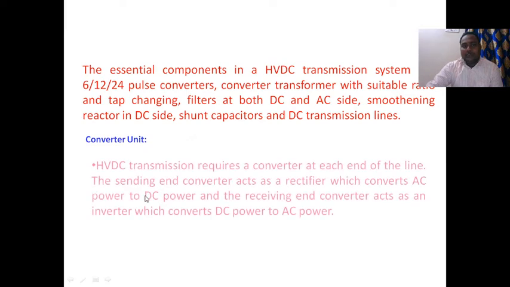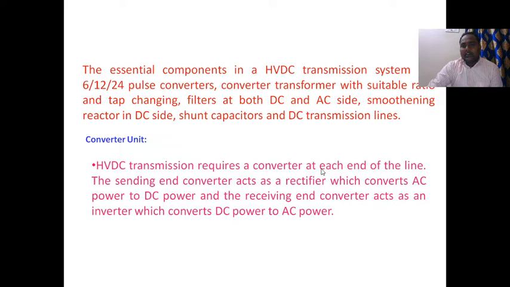The converter unit: HVDC transmission requires a converter at each end of the line. The sending end converter acts as a rectifier which converts AC power to DC power, and the receiving end converter acts as an inverter which converts DC power to AC power.